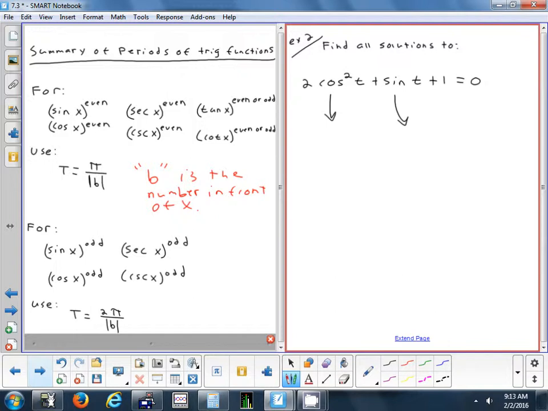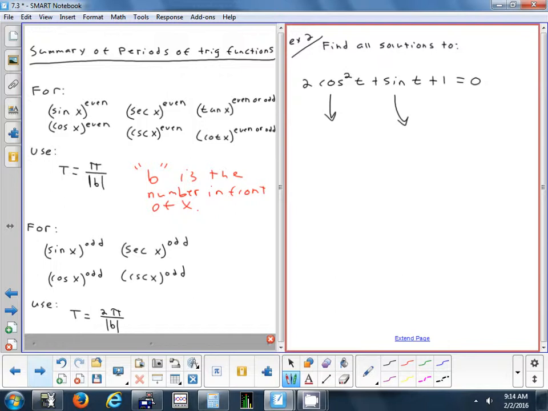Cosine squared. If you want to pretend like there's a 1 in front of t, you can. What's the period of cosine squared? Pi over b. Yep, that's the formula you use. And what's b in this case?